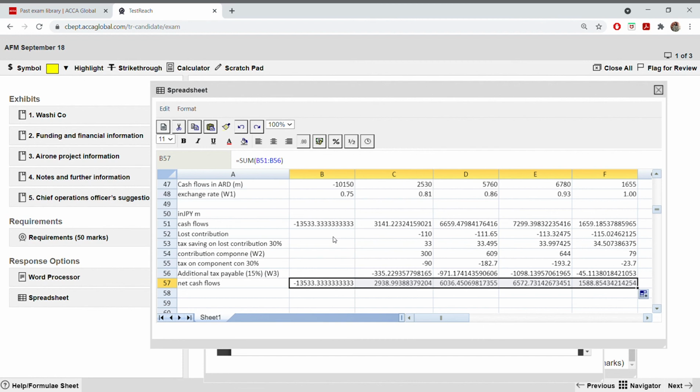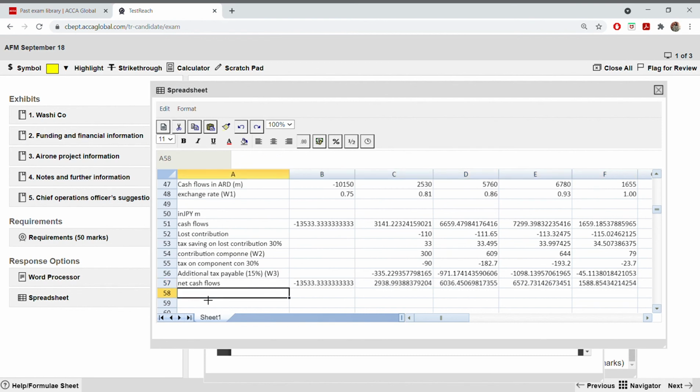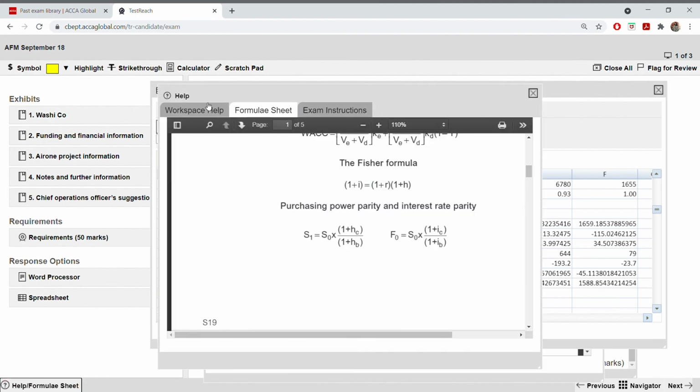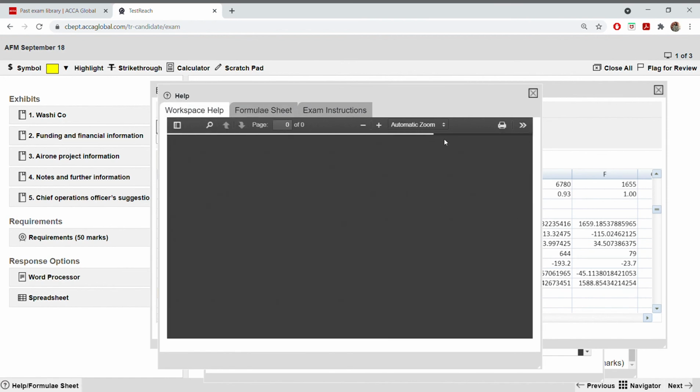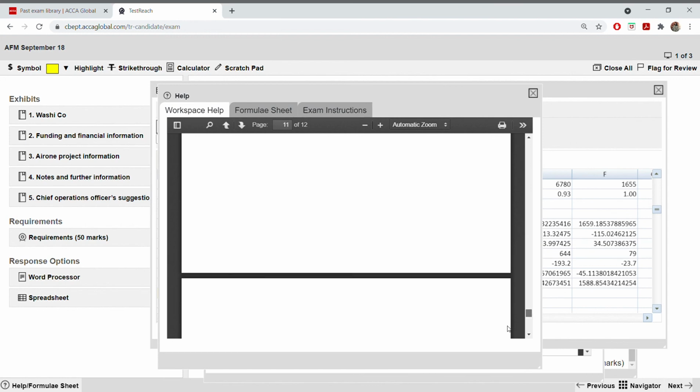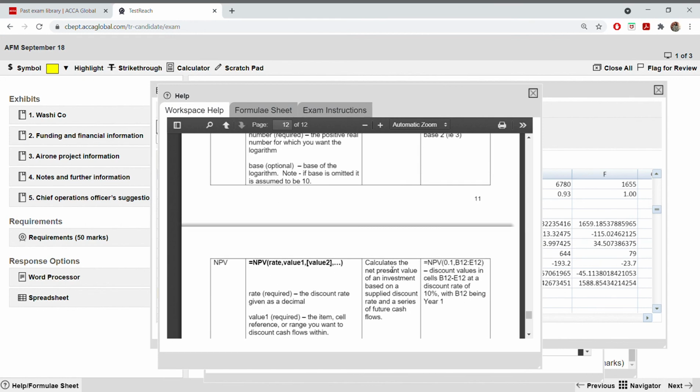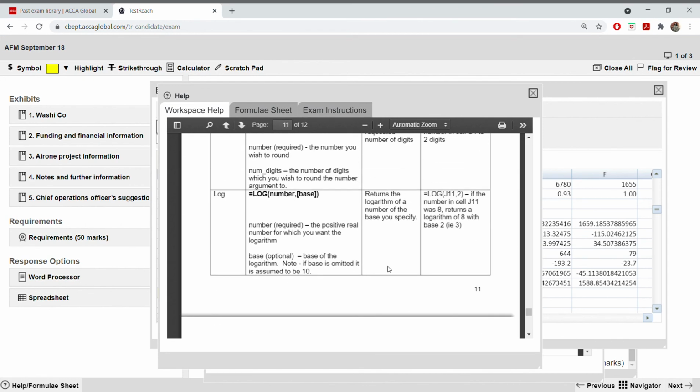Next, discount it. Cost of capital has been given to you, 12%. So present value at 12%, or discount at 12%. Now how do you discount it? Let me see whether a formula has been given or not. Just go to workspace help and go to all the functions if you want the net present value.